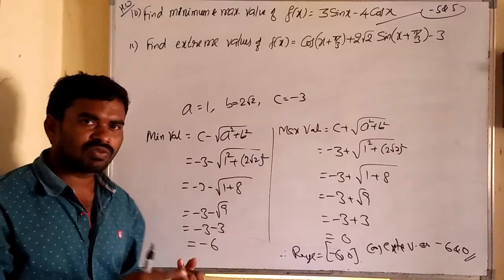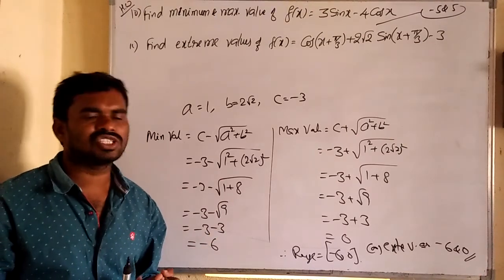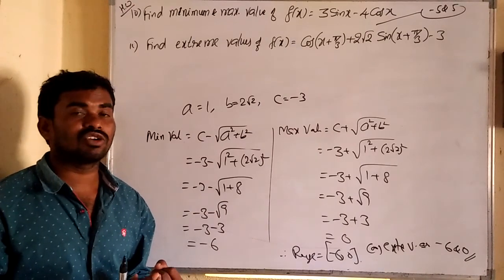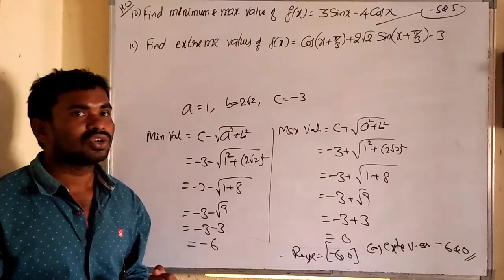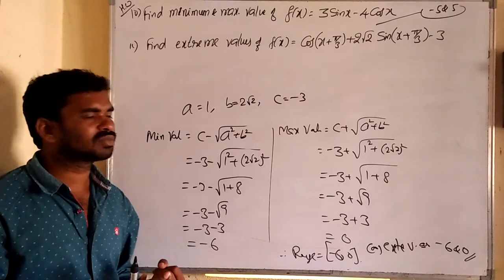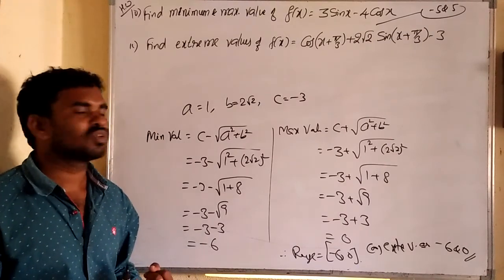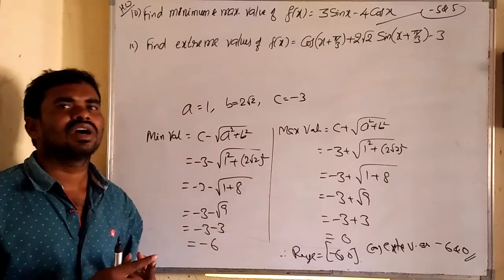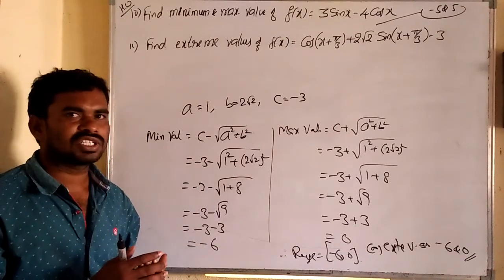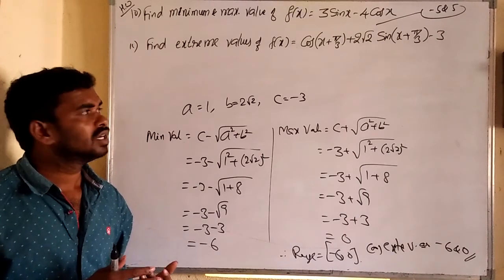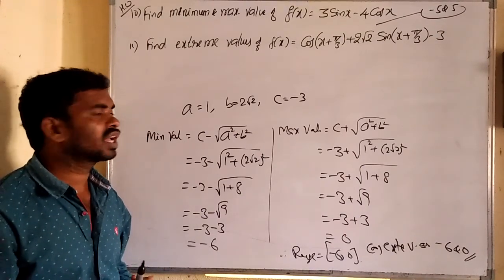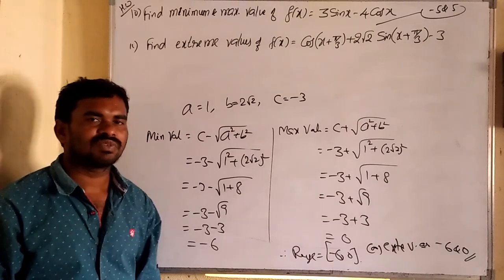In part 1 and part 2, mostly the introduction, that is useful for MSET and other competitive exams also. Without the basics we can't do anything. That's why 2 classes of introduction were taken. Understanding is important. In part 3 I started the 2 marks, and in part 4 I will try to complete the 2 marks questions. Almost all will be completed. And in part 5 we start 4 marks questions and so on. Okay? Thank you very much for watching my videos.